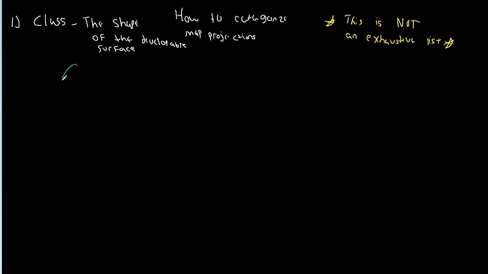So what I could do here is talk about the three most common. The first option we kind of already looked at, and that's we just leave the developable surface as a flat sheet.